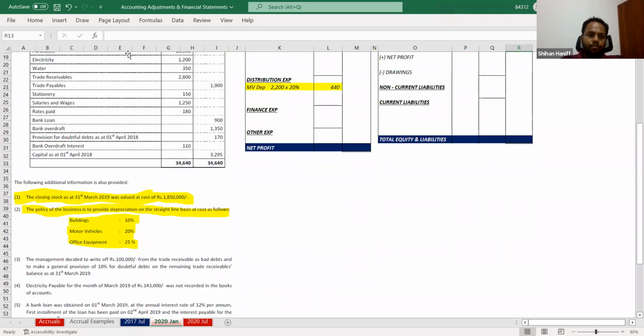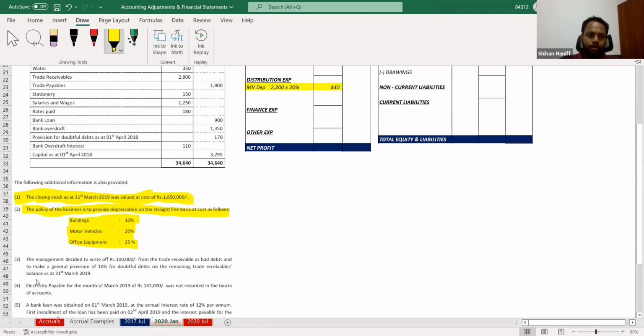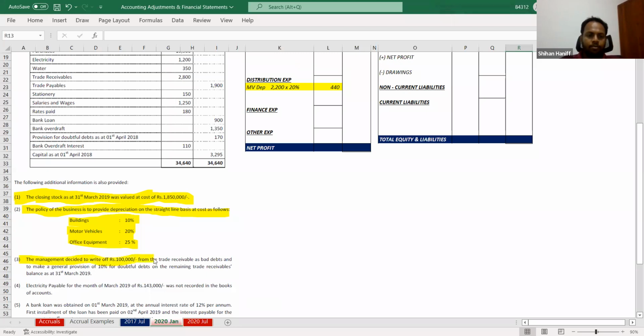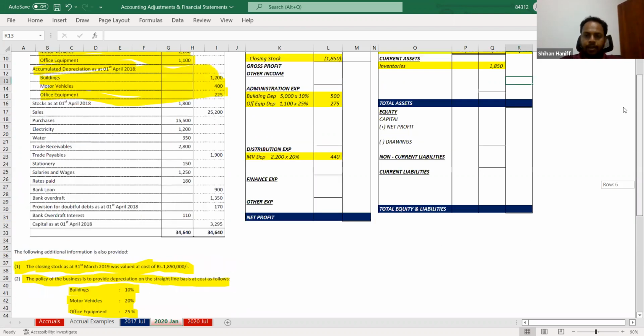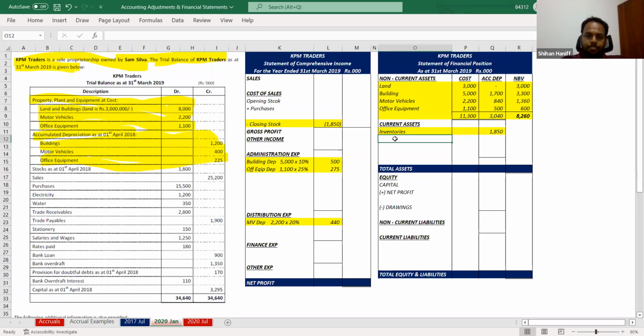Okay, so moving to the next point. The management decided to write off 100,000 from the trade receivable as bad debt and to make a general provision of 10% for doubtful debt on the remaining trade receivable balances.